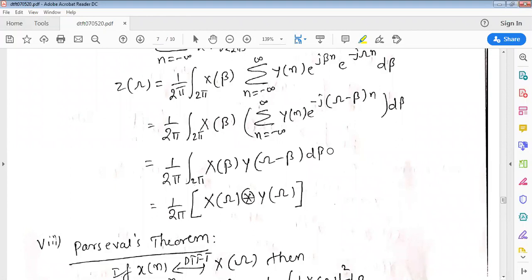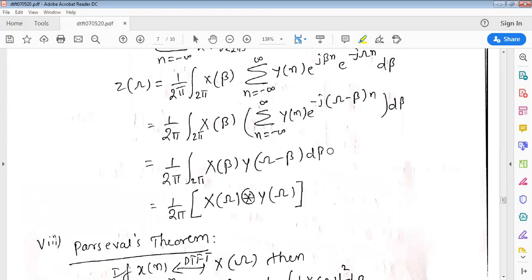That is x of n with h of n, or x of k with h of k? This is very important. See here, what is the convolution formula saying? x of n convolved with h of n is equal to summation x of k into h of n minus k. Correct?